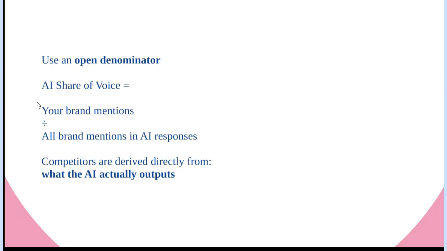And the formula becomes your brand mentions divided by all brand mentions across responses. This creates an open denominator. If a new brand starts appearing in AI answers, it automatically becomes part of the dataset. The competitive landscape is defined by what the model actually says, not by assumptions made in a dashboard.